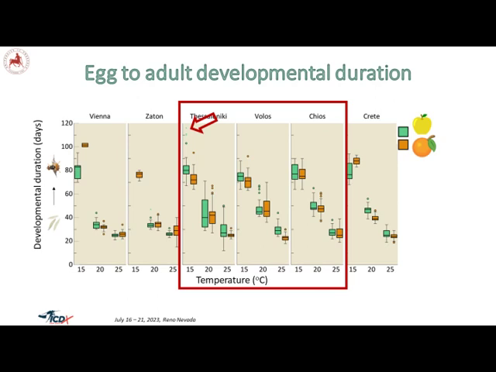As you can see in this graph, we have extension of the immature development of well over 100 days, and in some of the populations we have high variability, some plastic adjustment in the lower temperatures. In all temperatures we have some variability, but you can see it in these Greek populations mainly, but not in the two northern populations.